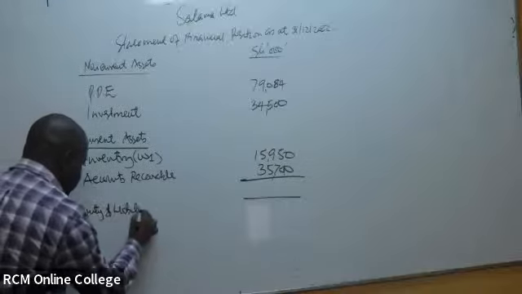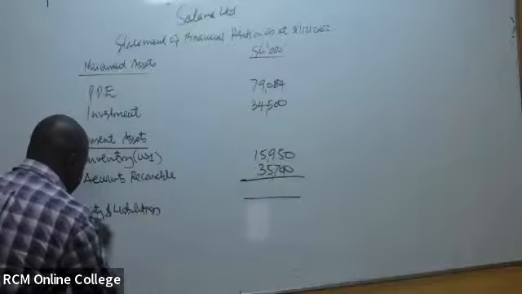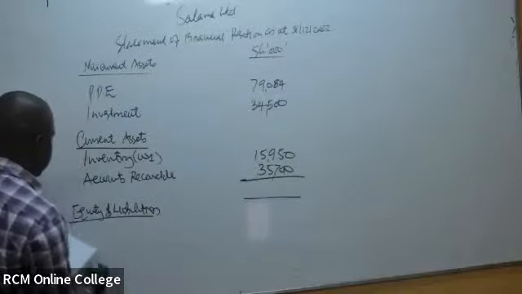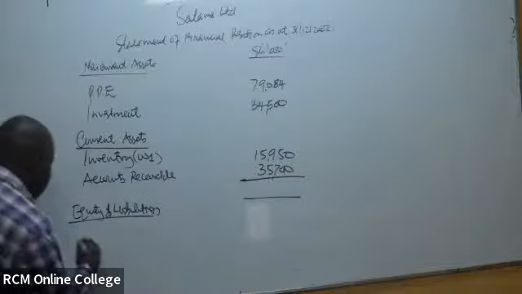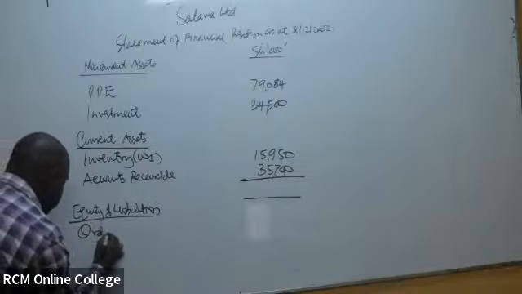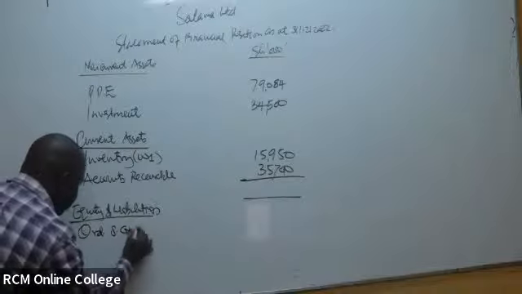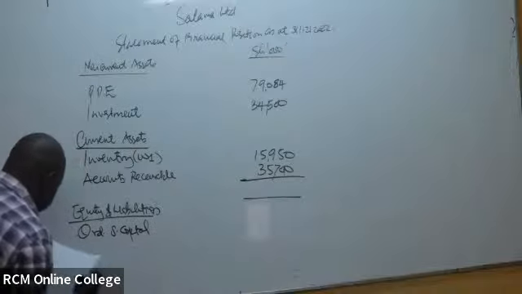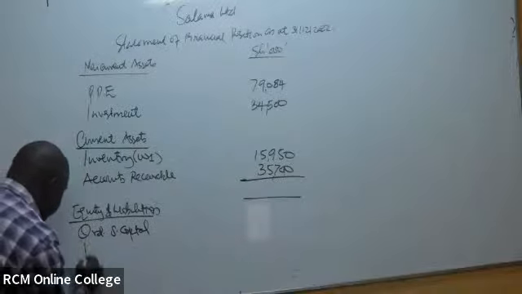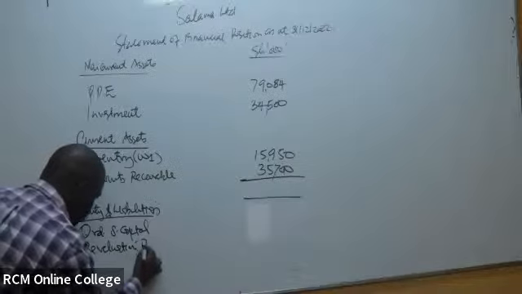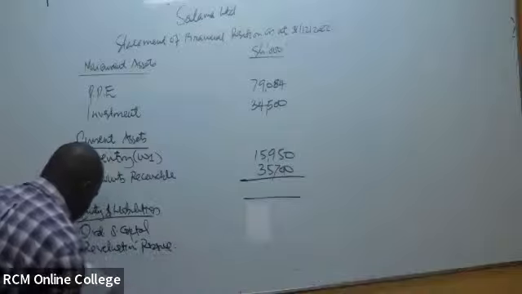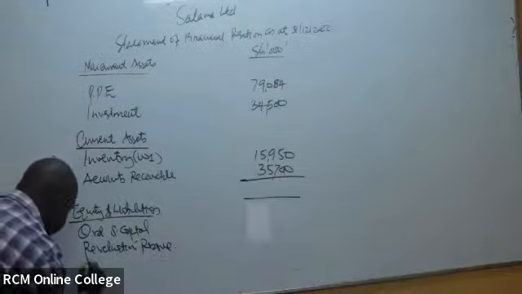Equity and liabilities. For equity and liabilities, we've done it in the statement of changes in equity. In this case, we have ordinary share capital. We also have revaluation reserve, and retained earnings.